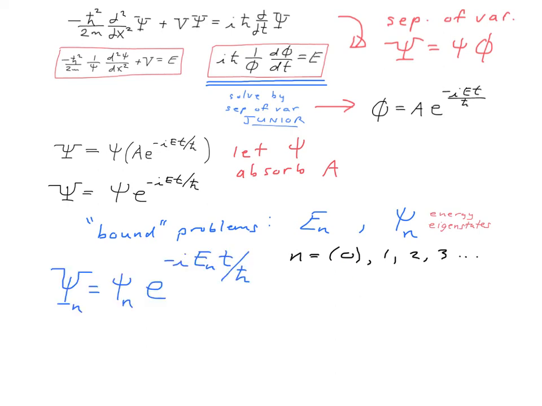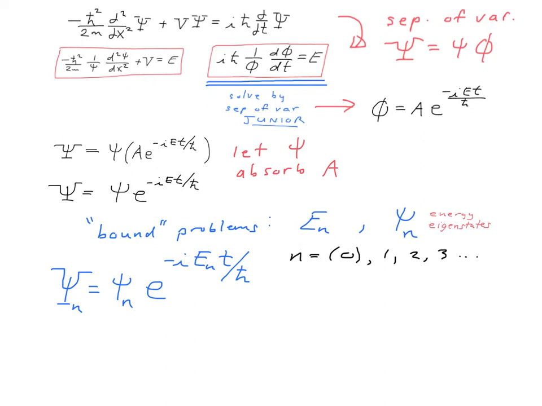So, putting it all together, for bound state problems like the quanton in a box, the simple harmonic oscillator, the hydrogen atom, there could be lots of different values of E for which these things have solutions. Call them E sub n.